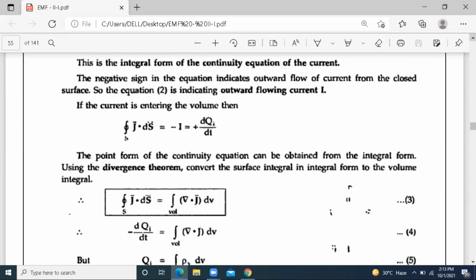So, what was the divergence theorem again?